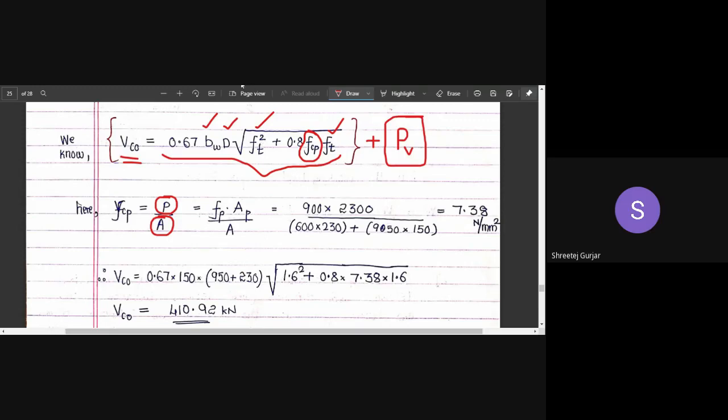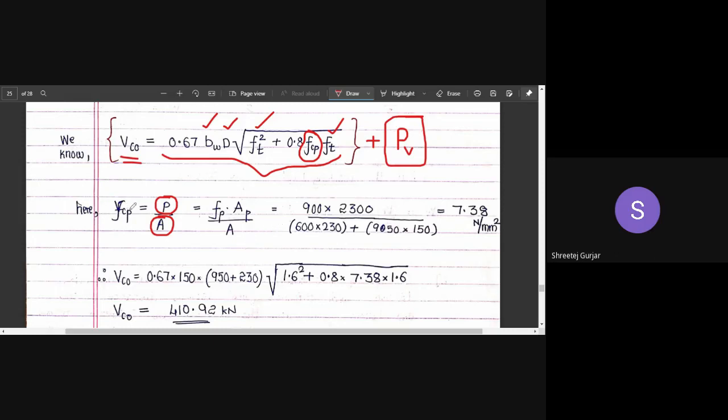Okay, let me just check once more what FCP is, so that we do not assume something wrong. FCP is equal to compressive stress at the centroidal axis due to pre-stress, taken as positive.